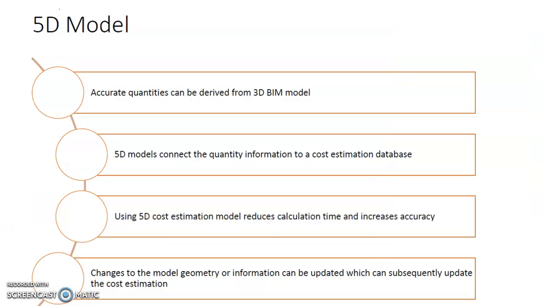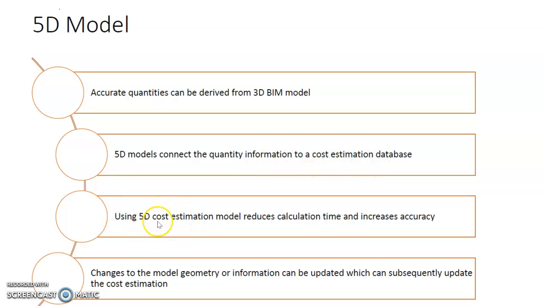You can also further upgrade the 4D model into a 5D model, because the quantities can actually be captured from the 3D BIM model. So the 5D model can connect the quantity information to a cost estimation database.